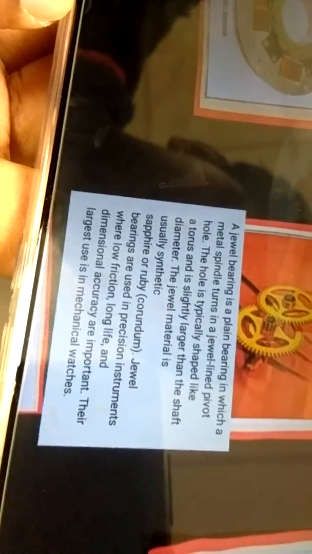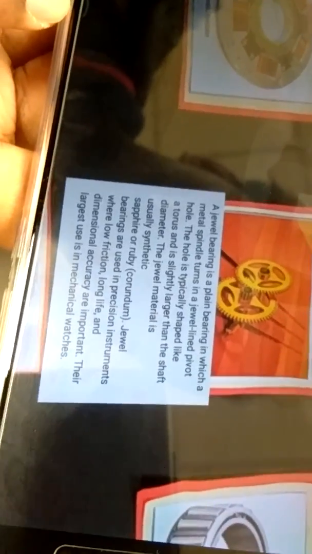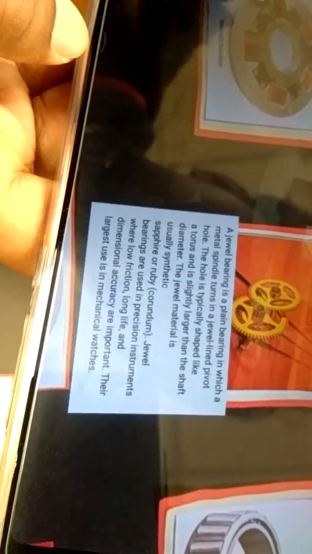This is called a jewel bearing. I'll be reading about this. A jewel bearing is a plain bearing in which a metal spindle turns in a jewel-lined pivot hole. The hole is typically shaped like a torus and is slightly larger than the shaft diameter. The jewel material is usually synthetic sapphire or ruby, known as corundum.